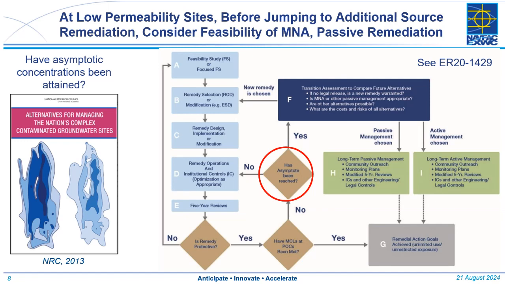Have we gotten as far as we're going to get in terms of cost effectiveness? If the answer is yes, at that point we should think about transitioning away from active remediation to M&A or another passive management strategy, such as a PRB. So I just wanted to give this backdrop before we dive into the problem and the tools for solving the problem.